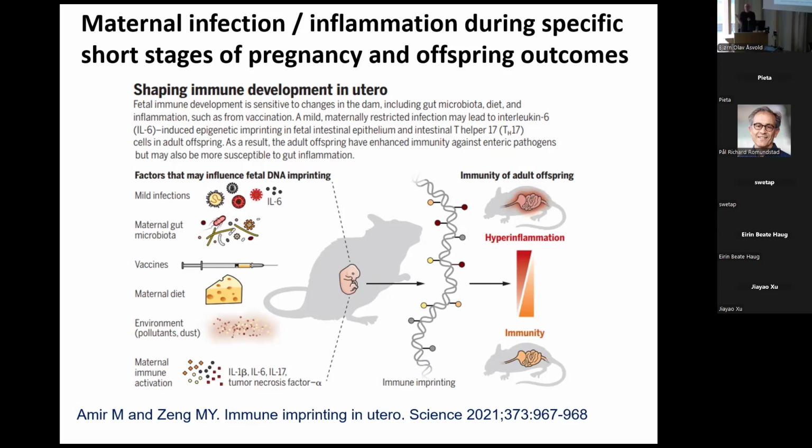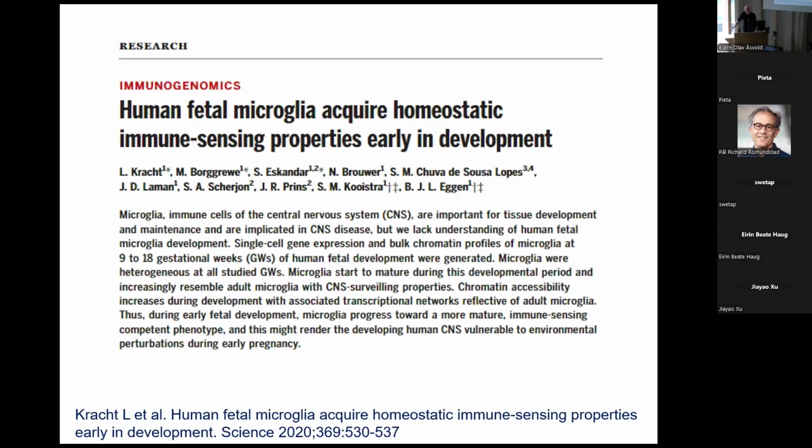Two days before that three-day window, nothing. After that three-day window, very little. If it's in that window, then there's a severe impact on brain development. There's some human evidence on the same things.